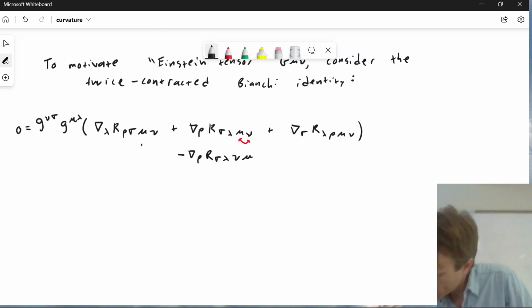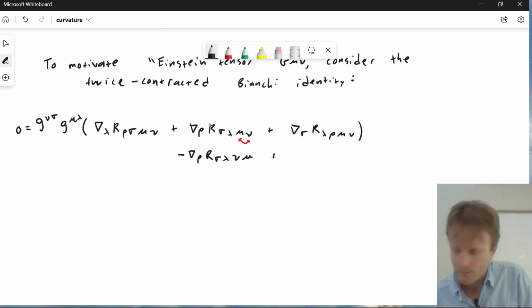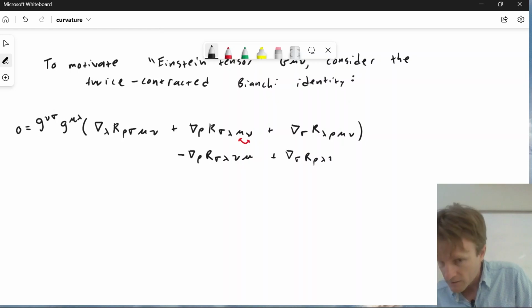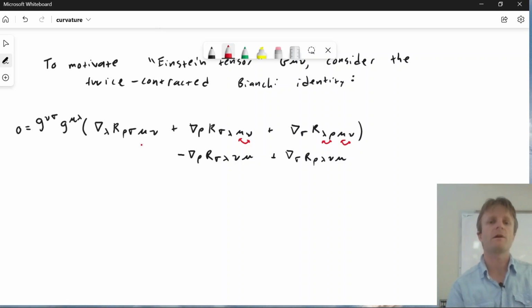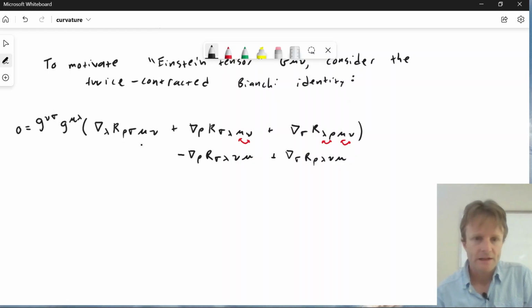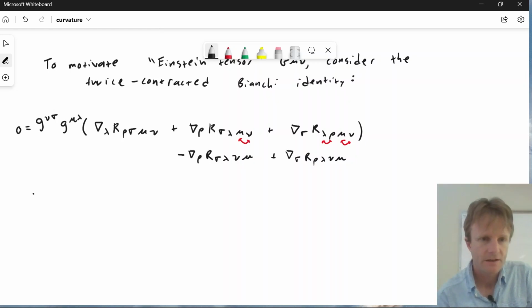And then this term here I am writing as plus del sigma R rho lambda nu mu. I've swapped both the first and second and the third and the fourth, so I get a plus sign. So let's see what we have here.